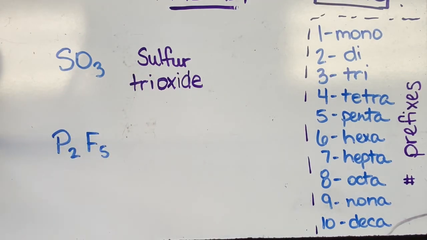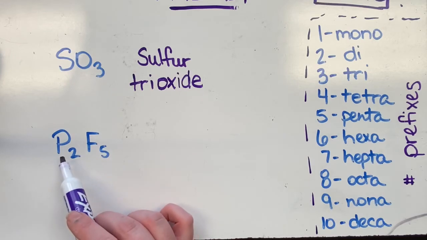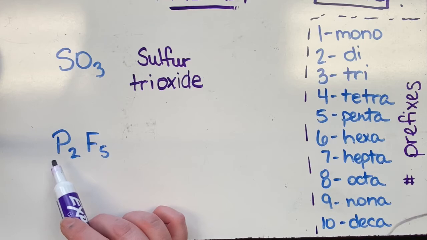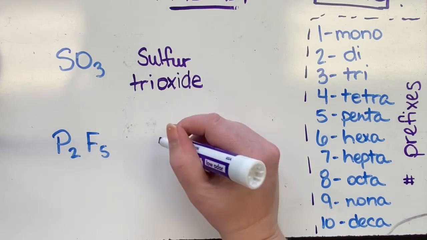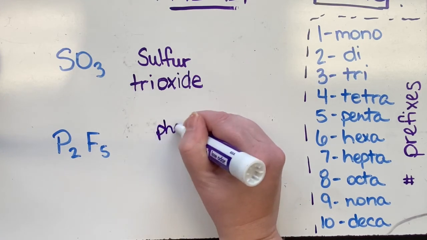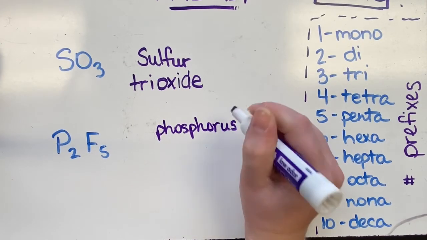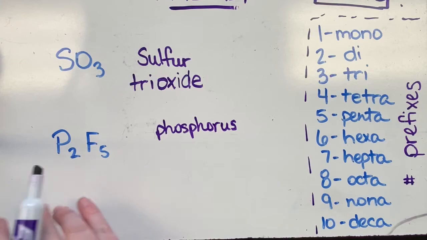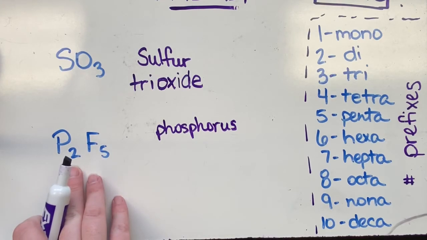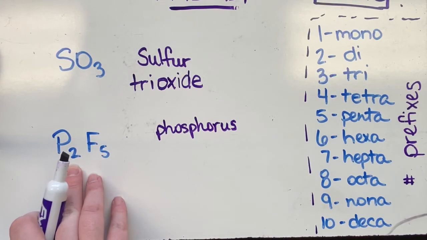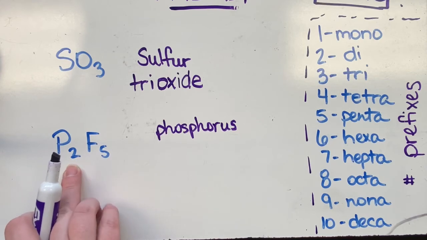Let's look at our second example. In this example, we see that we have the chemical symbol P. I look at the periodic table, and that is the symbol for phosphorus. Now, though, if I look to the right of my phosphorus symbol, I see a subscript number, and I see a 2.